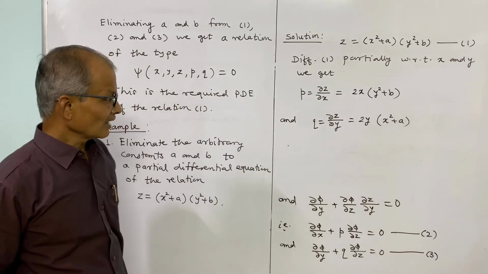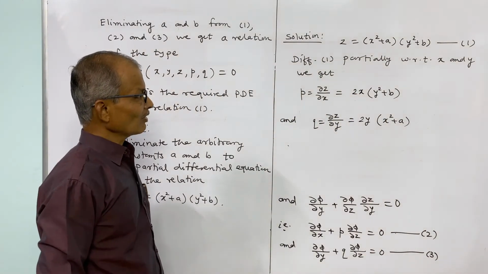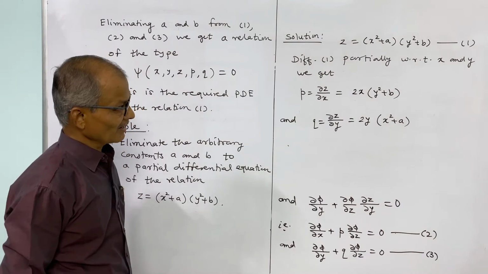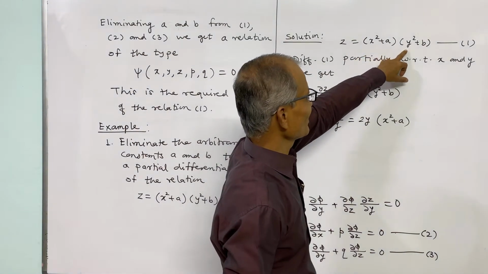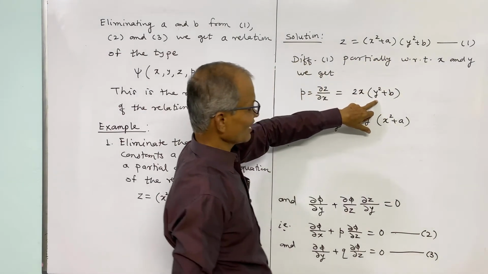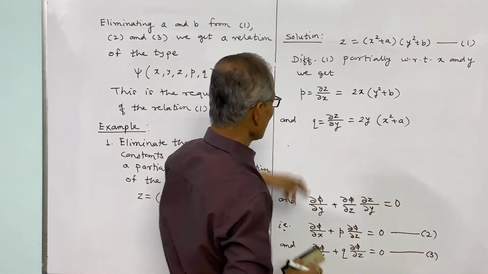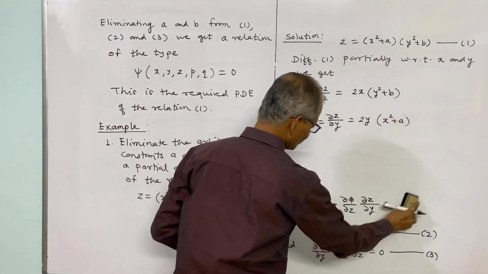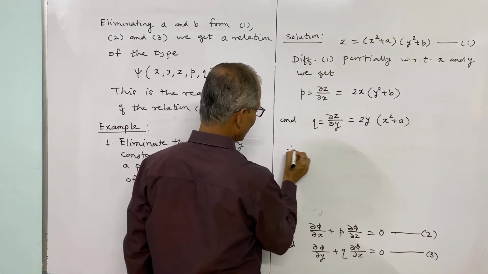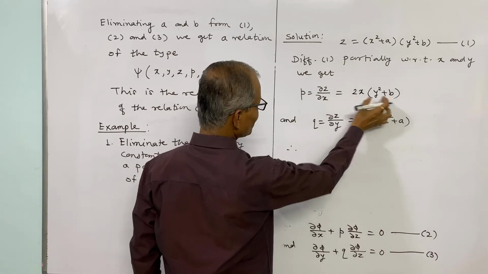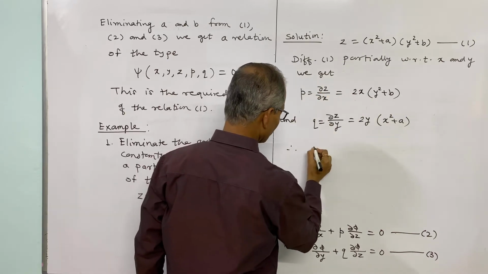Simple derivatives are there, and from this we want to eliminate a and b. Actually the given relation involves this term y square plus b. So from the first we can write the value of y square plus b. Therefore, y square plus b is p divided by 2x.